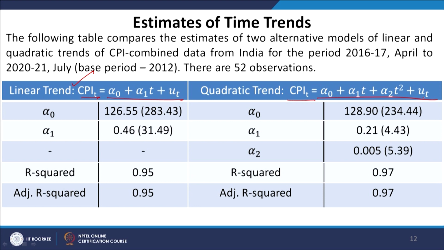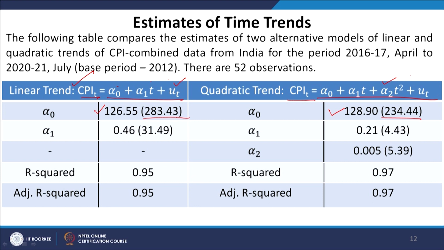So, if there are 52 observations, you can understand that the residual degrees of freedom for the linear model is 50 and the residual degrees of freedom for the quadratic model is 49. This is 52 minus 3, and this is 52 minus 2, there are only 2 variables. Now, looking at the estimates, we see that alpha naught is given as 126.55 here, 128.90 here, both of them are highly significant, with huge t values.